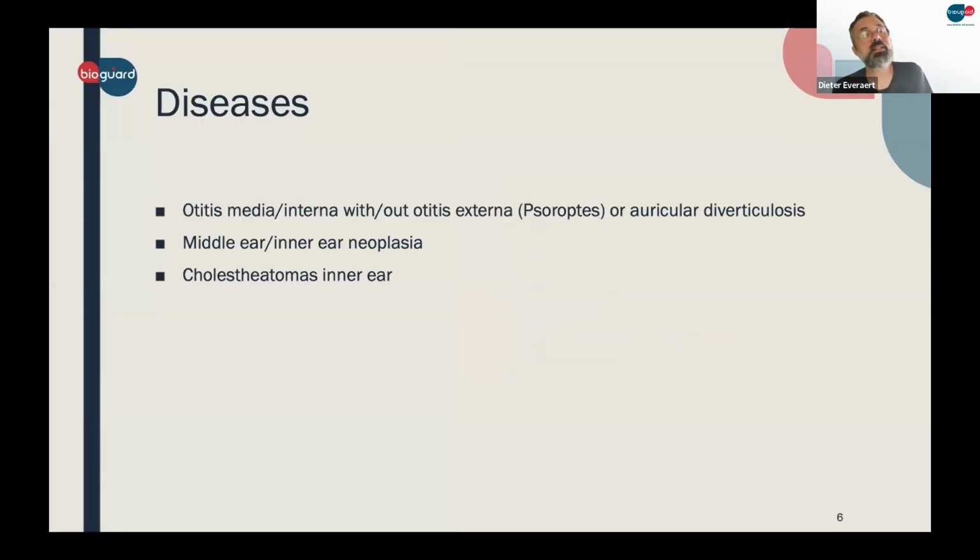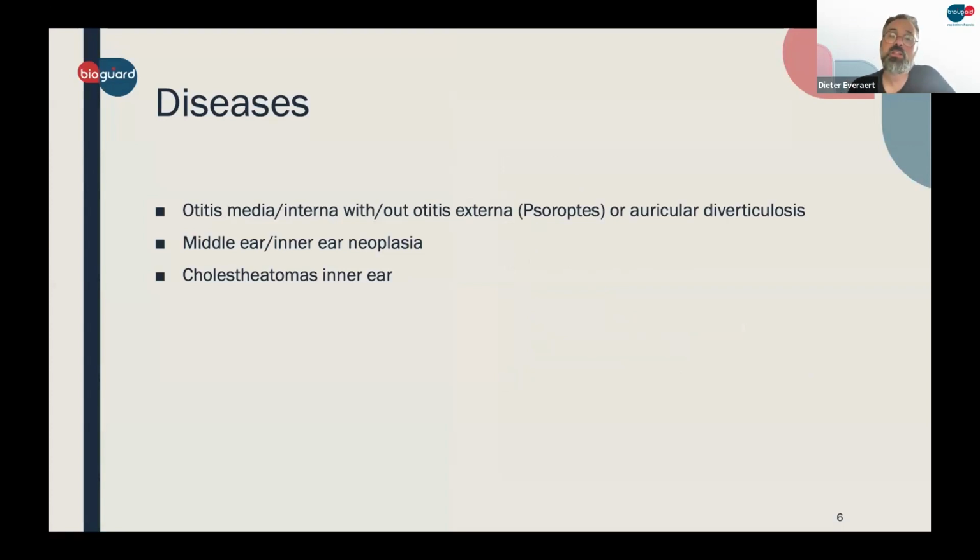Diseases that are causing peripheral disease in rabbits: it's otitis media interna with or without otitis externa. So otitis media interna with otitis externa, quite often it's the cause.